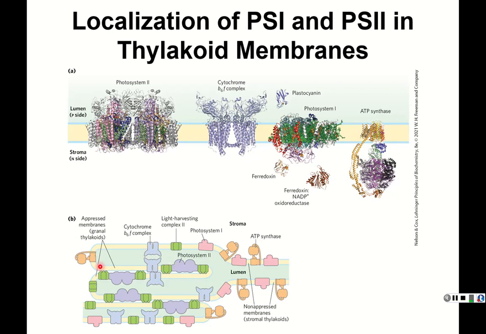And coupled to that, you also have your complex 5 or ATP synthases. Don't need to know that. I'm not going to ask you on an exam to draw this out and put their locations. Just know that they're all in the thylakoid membrane.